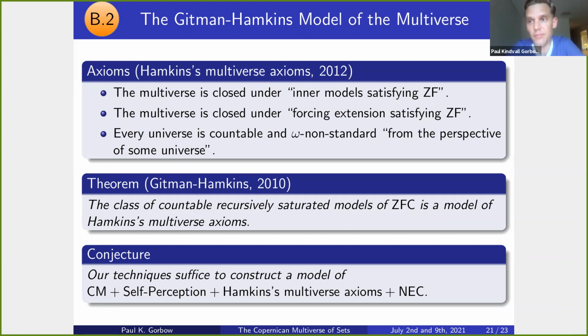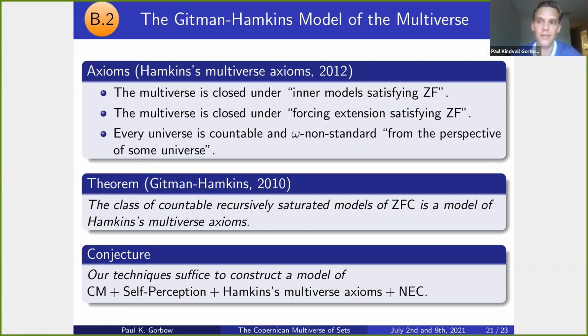And there's also another type of axiom included, which has to do with the backwards ultrapowers and those kind of embeddings, which I am not going into here. But there's a theorem by Gitman and Hopkins that the class of countable recursively saturated models of ZFC is a model of these axioms.